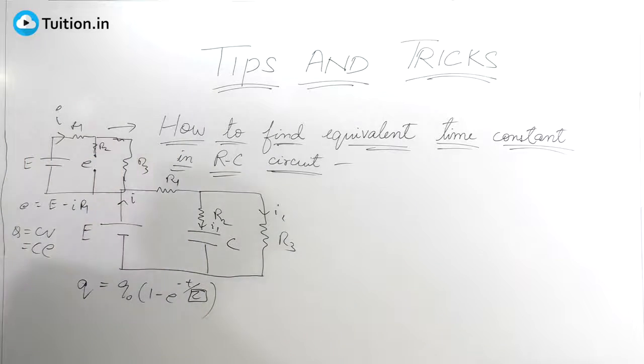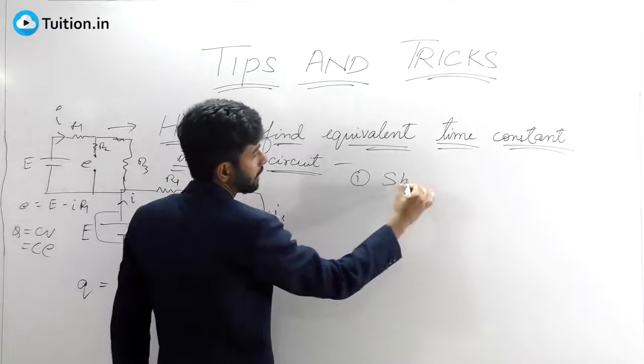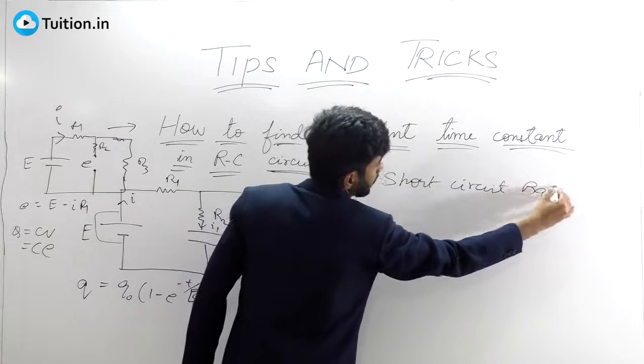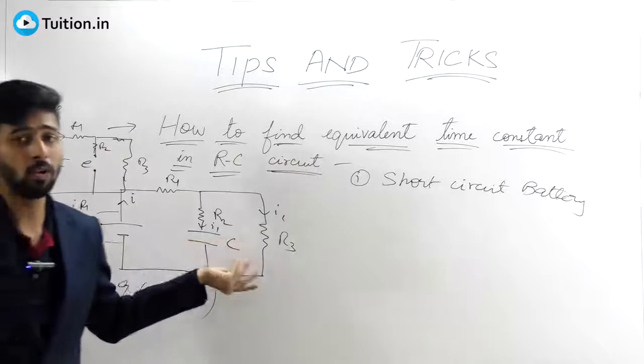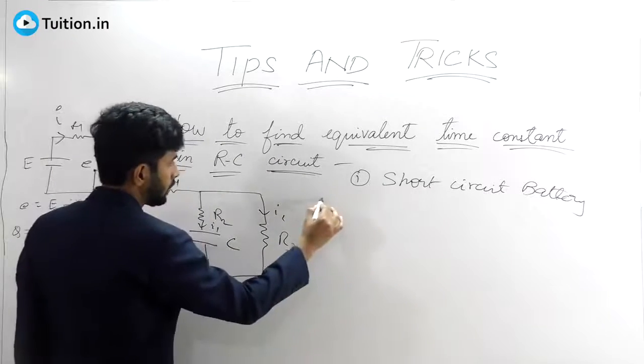To find the time constant, first short circuit the battery. So step one is to short circuit the battery. Remember, you can find the time constant even without doing all this, but I'm just telling you a shortcut here. Once you short circuit the battery, the circuit will look something like this.